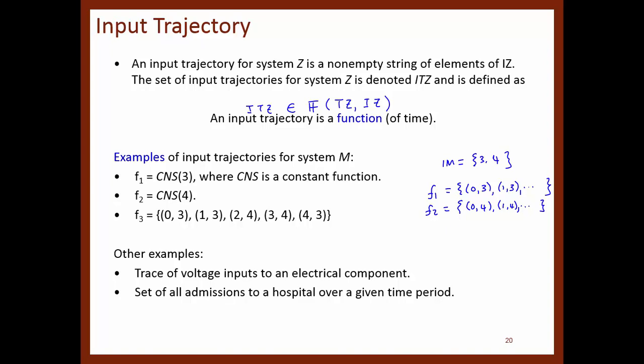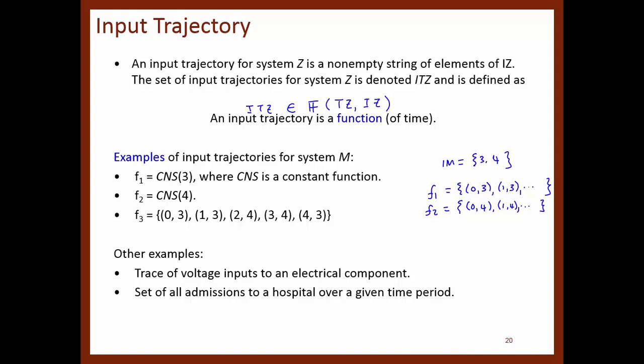Other examples are a trace of voltage inputs to an electrical component, or the set of all admissions to a hospital over a given time. So it's anything that can represent the behavior of the interactions with the outside world.